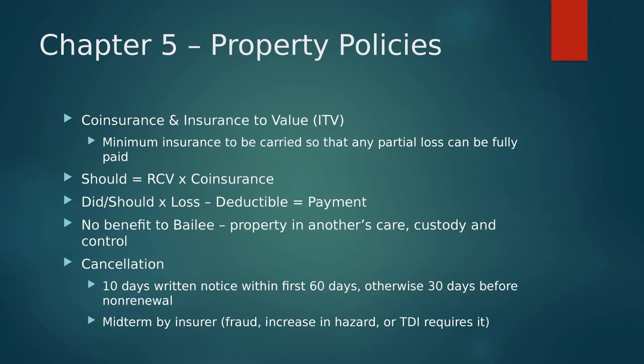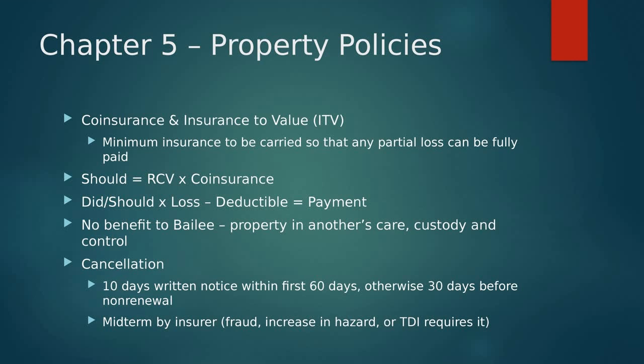Now we get to talk about the coinsurance and insurance to value clause. Some insureds decide that they don't want to keep the proper amount of insurance on the policy, so they're not keeping the replacement cost value amount there.